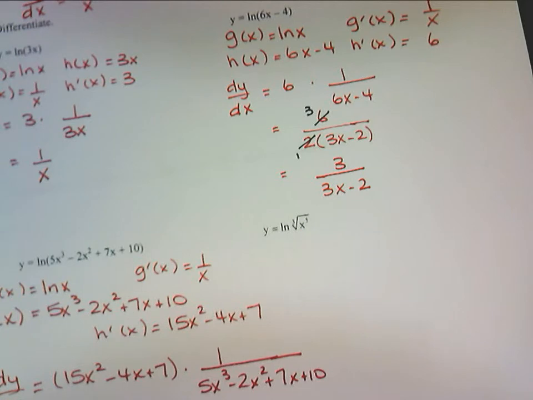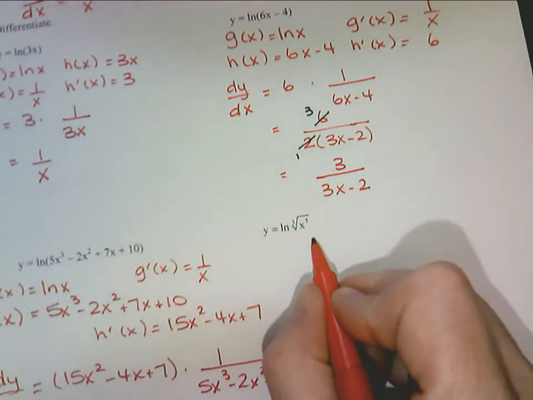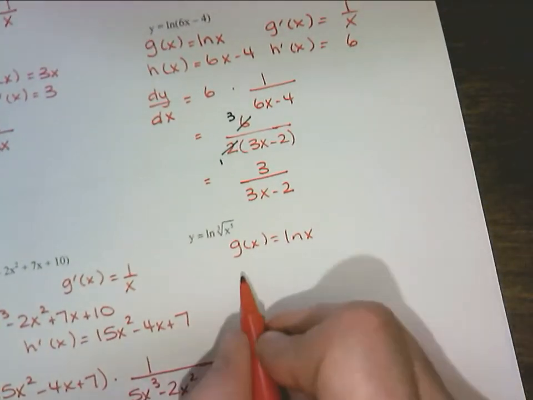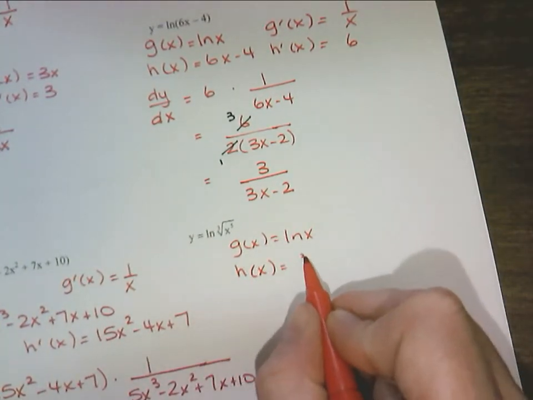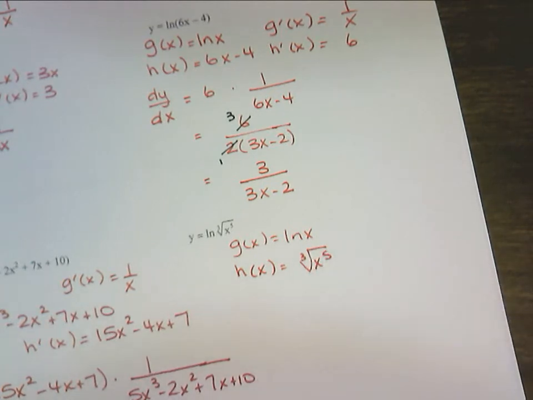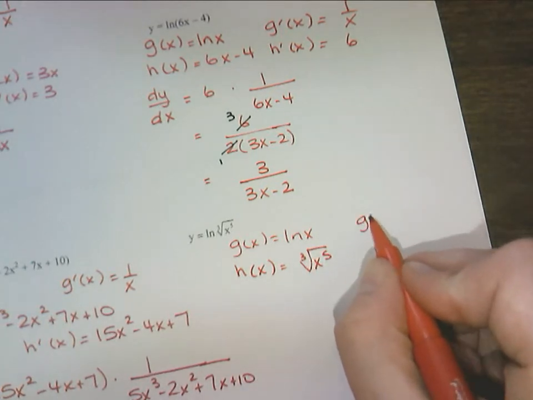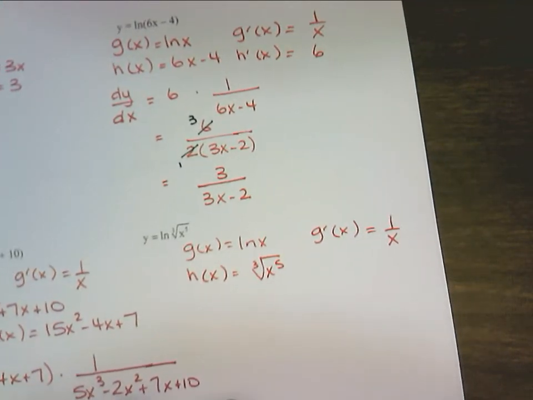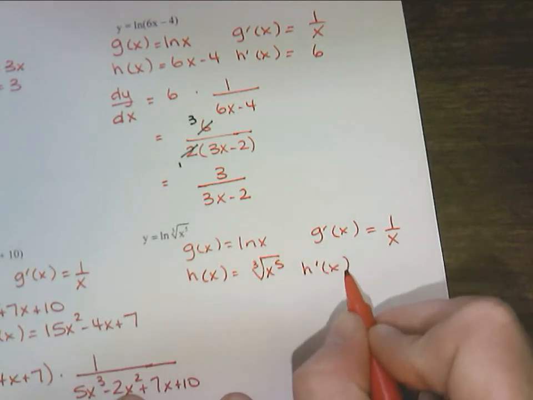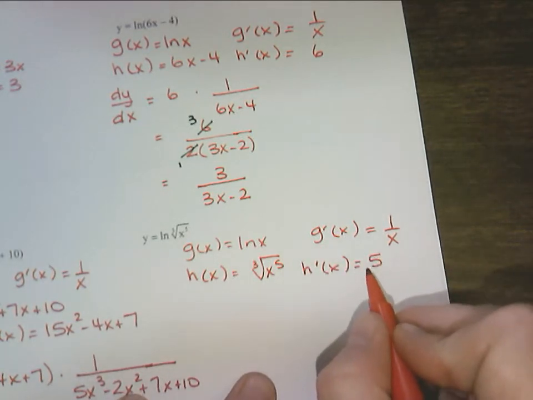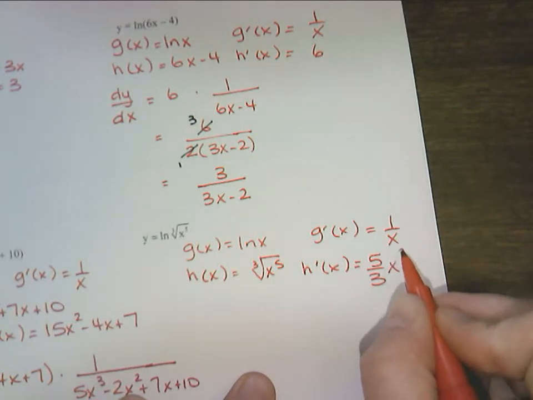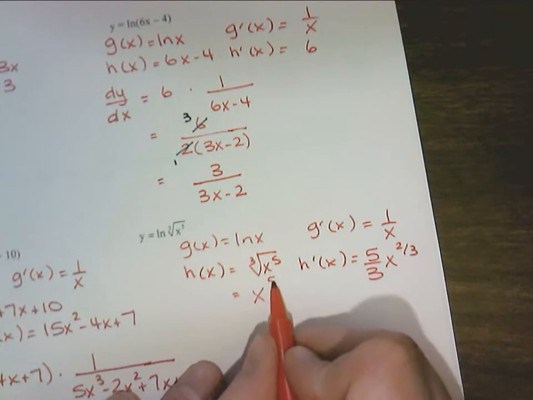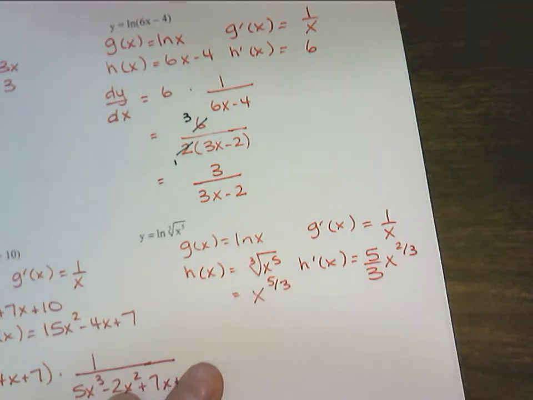Okay, looking at one more example, and then we'll look at the pattern. So if I take g of x to be ln x, I can say that h of x is equal to the cube root of x to the 5. Well, g prime of x I know is 1 over x. And h prime of x is equal to 5 over 3 x to the 2/3. Well, where did that come from? An easy thing to do is rewrite this as x to the 5 over 3 instead.